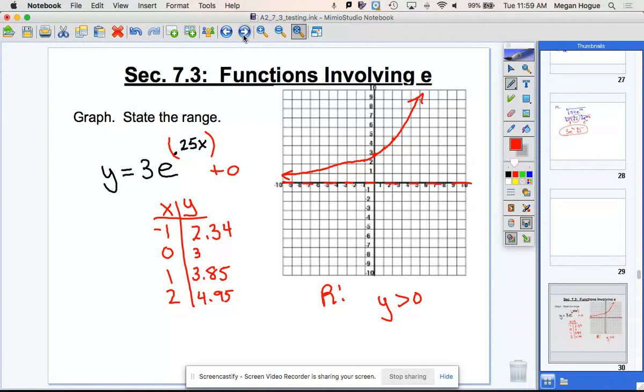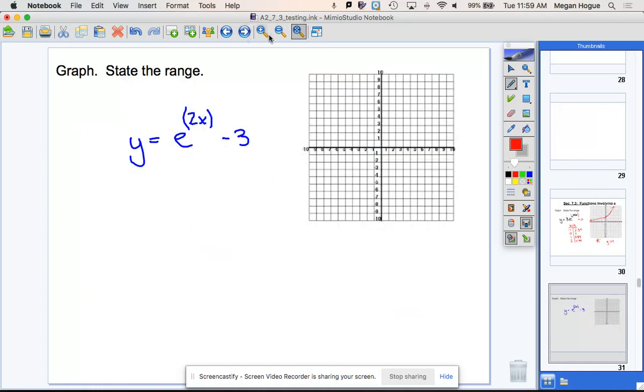All right, we're going to try 2 more. Let's try y is equal to e exponent of 2x minus 3.